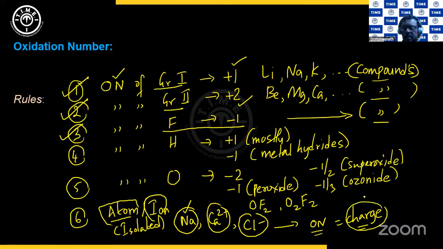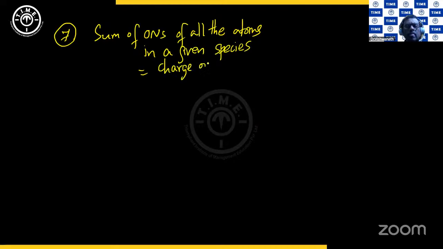Clear? Moving on to the 7th point under this, the sum of oxidation numbers of all the atoms in a given species is the charge on the species. For example, suppose it is MnO4-.